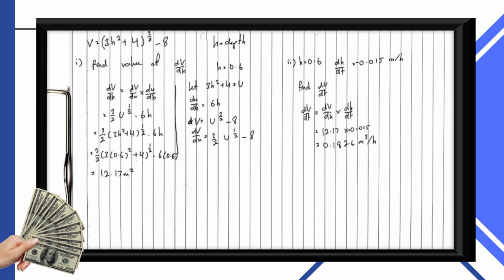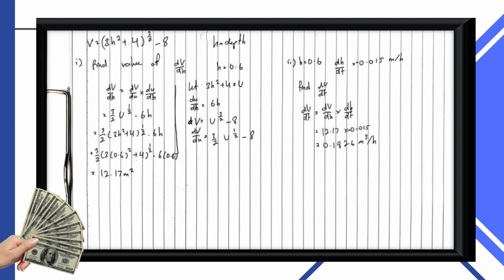We put them all together to get 3 over 2 times (3h squared plus 4) to the power of 1 over 2 times 6h. Then we substitute the given h, which is 0.6, and get 12.17 meters squared.